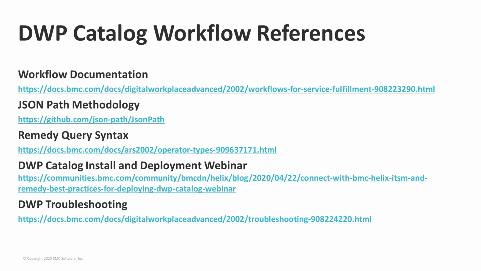That's a little tricky to get used to, but that link there has good information on how it works. There's the Remedy query syntax that's very useful when trying to put together statements and get entry by query or build input sets. We have another webinar that was done recently on catalog install and deployment, and the links to our troubleshooting documentation.